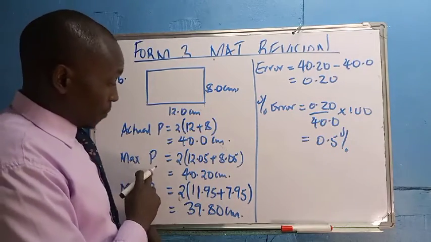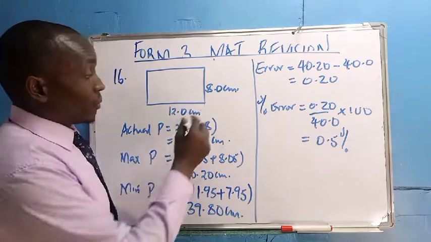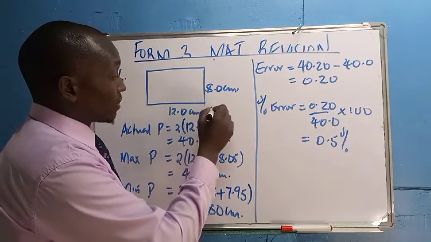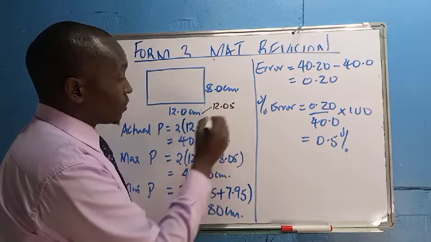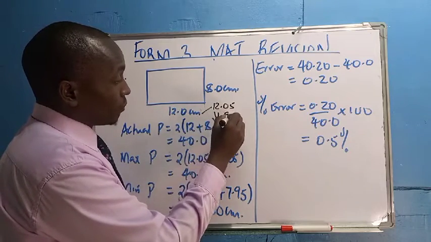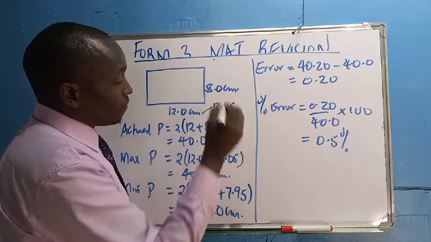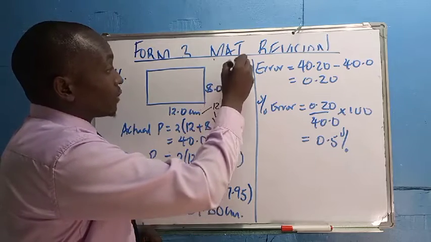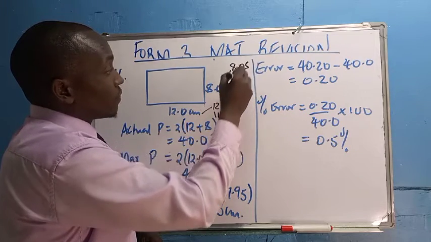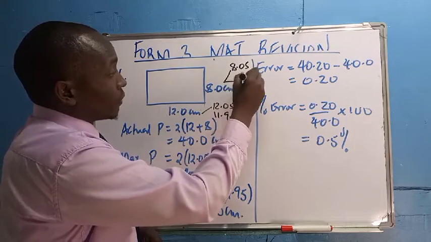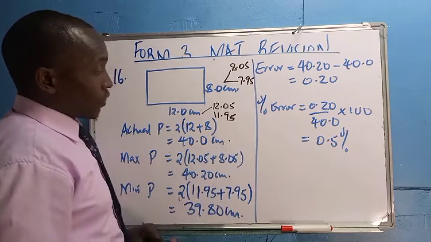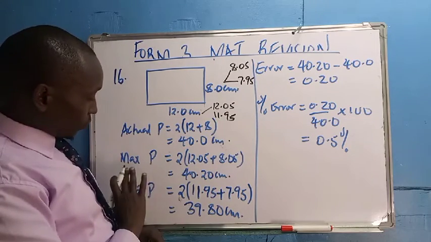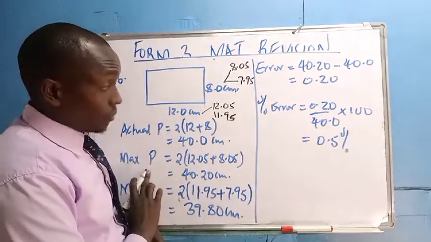The maximum possible perimeter. Remember, the maximum possible length will be 12.05. The minimum possible is 11.95. On this one, the maximum is 8.05. The minimum is 7.95.